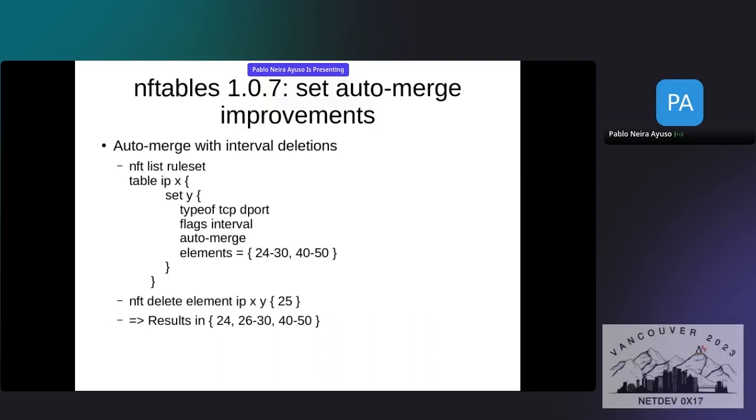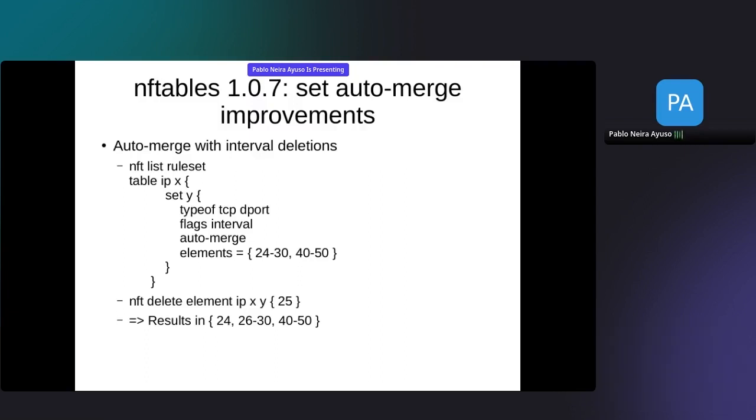And nftables 1.0.7 comes with an enhancement for the auto-merge flag. This basically allows you to delete an element or a sub-range existing in the range. For example, let's say you have a set with just TCP destination ports, two ranges, 24 to 30 and 40 to 50, and then you want to delete port 25.